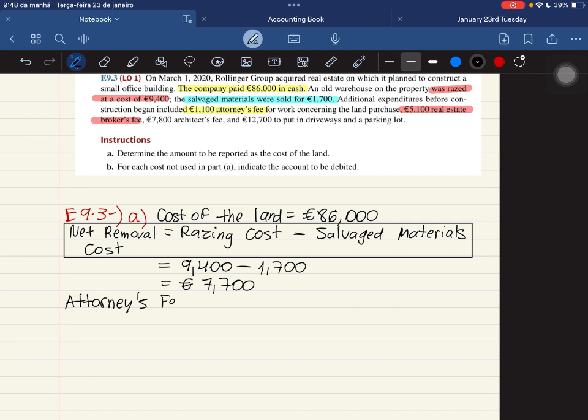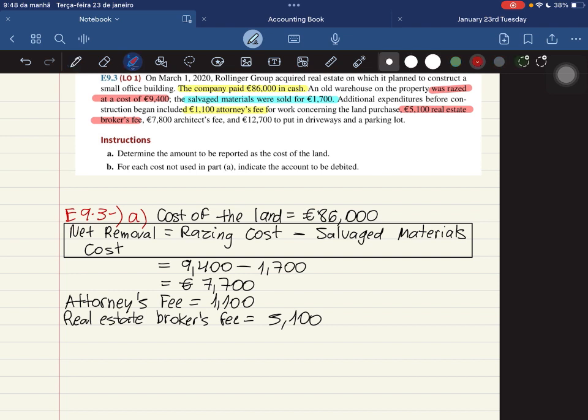So both of these we definitely have to add as well. So over here, let's just write them down. For the attorney's fee, that was 1,100, and for the real estate, that was 5,100. Okay. Next, what else do we have?